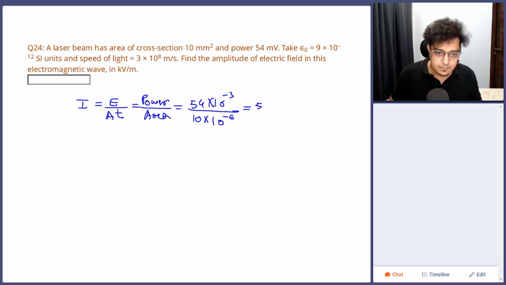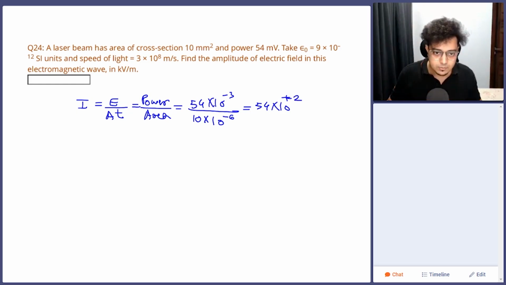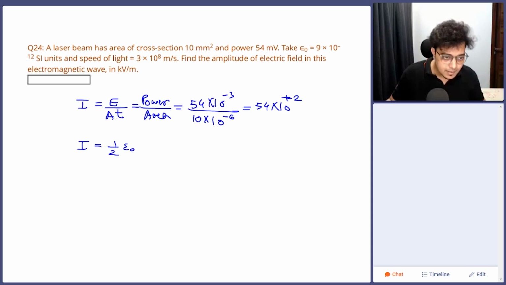So 54 into, this is 10 raised to minus 6, goes up, becomes plus 6, minus 3 plus 6, 10 to the power 2. Okay. So this is your intensity. Now we know the intensity of an EM wave in terms of electric field. It is half epsilon naught E naught square into C. That is your intensity formula.